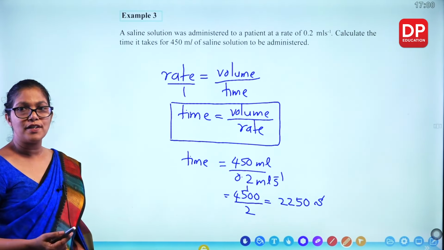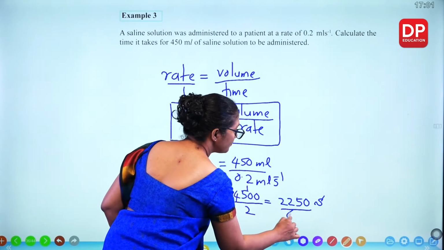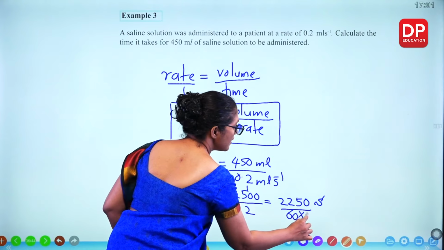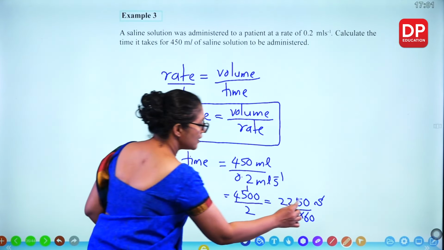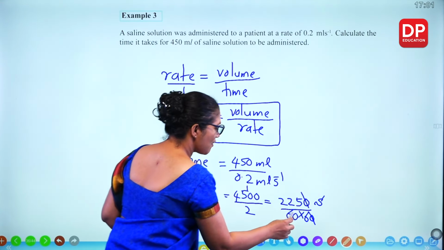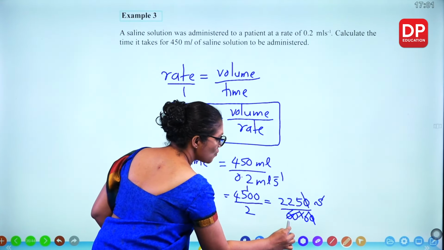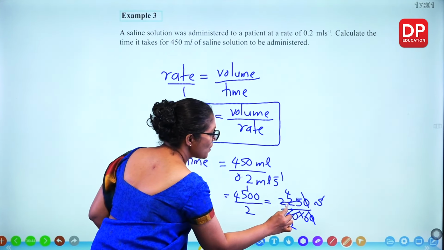If you want to convert to hours, you can divide by 60 and by another 60. So convert to hours, cancel the zeros and divide by 5. 5 times 1, 5 times 2, 5 times 4, 20.